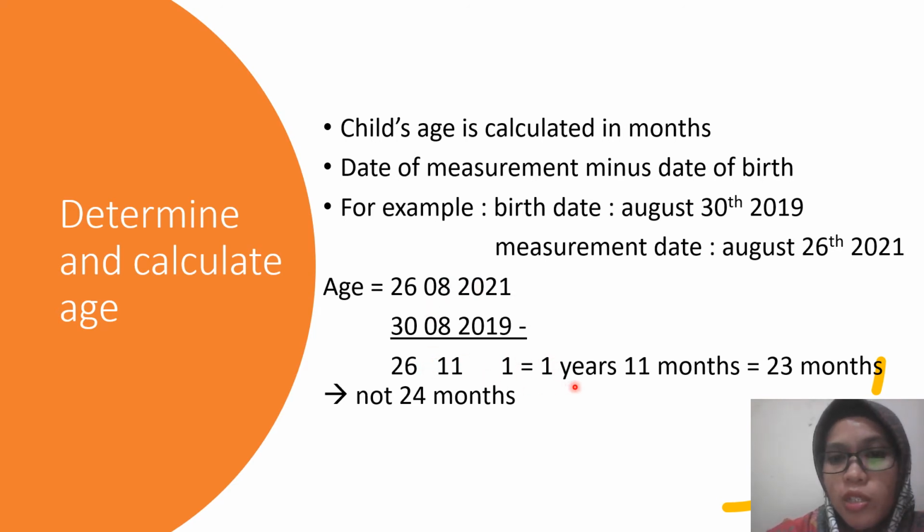The result is 1 year 11 months or 23 months. Here we find that the child is less than 4 days from reaching 24 months, but we still decide it to be 23 months because it has not been a full month.